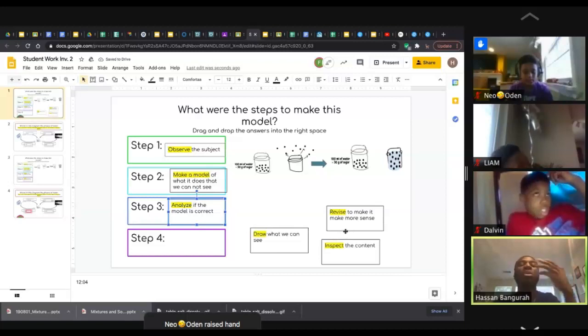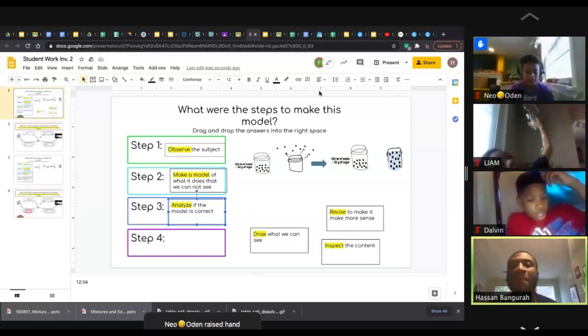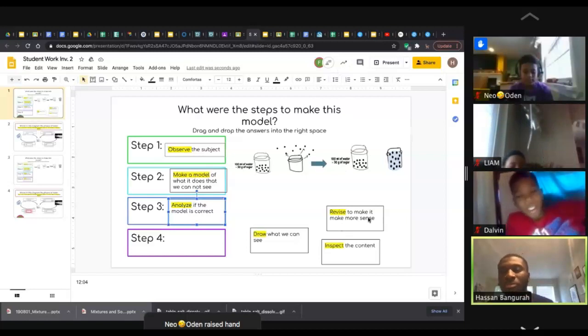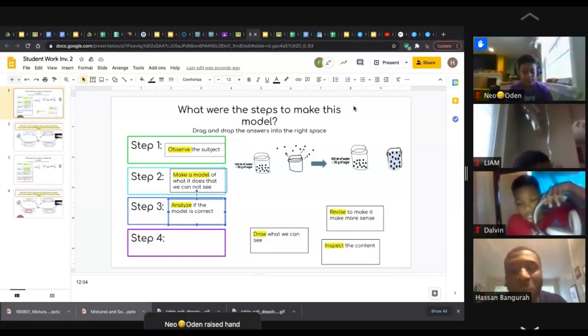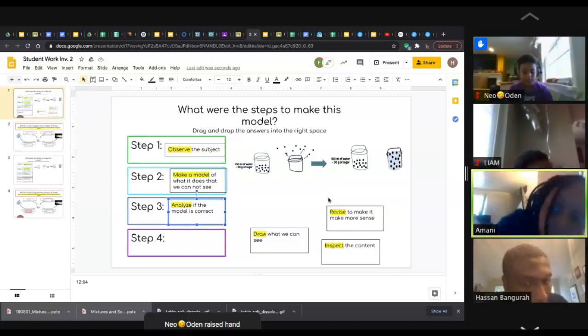And then what if it's not correct? Amani, what should we do if our model is not correct? Amani Ajayi, what should we do if our model is not correct? Say it one more time. I don't know.